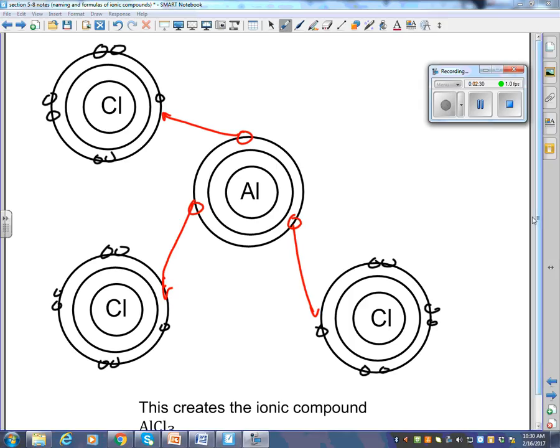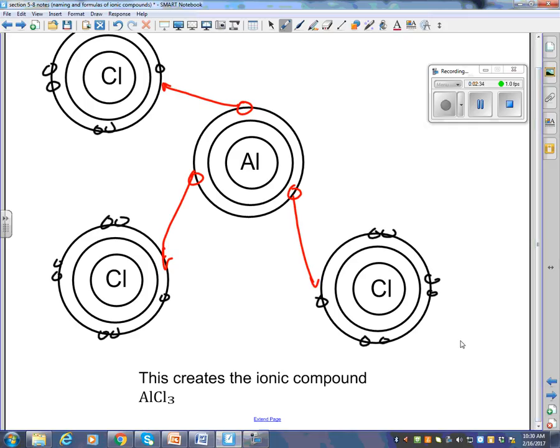So we get the ionic compound AlCl3. Isn't that ionic? So how can we put Al first? How do we know which one we put first? Say again, Kevin? That's not a bad answer, but unfortunately it's wrong. But it's not a bad guess.